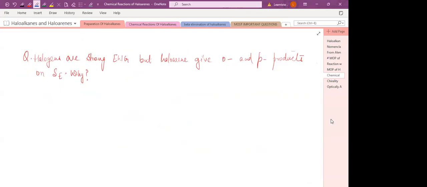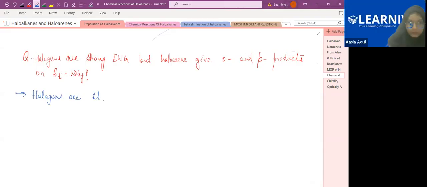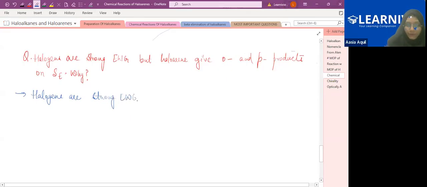Okay, so see. You can write down now. So we know that halogens are strong electron withdrawing group. Why? Due to minus I effect.